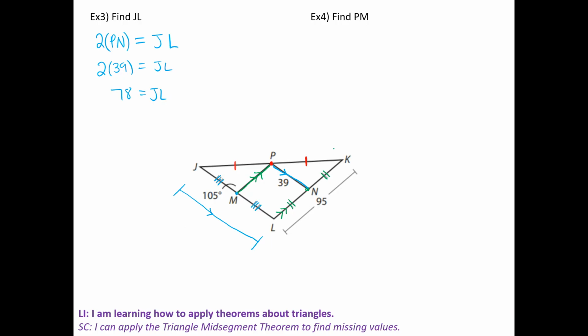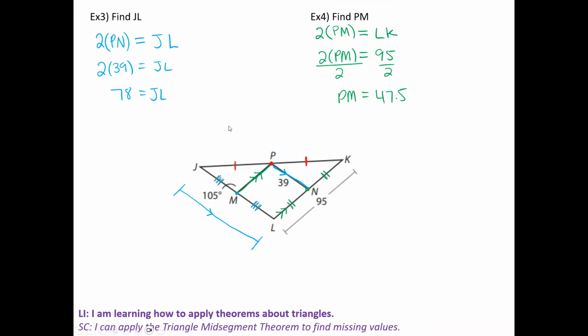And so once again, using the mid-segment theorem, it takes 2 mid-segments, so 2 times PM, to equal LK. So here we go. I'm going to plug in what I know. I don't know PM, that's what I'm trying to figure out, but I do know that LK is 95. And I can quickly divide both sides by 2, and we get PM equals 47.5.